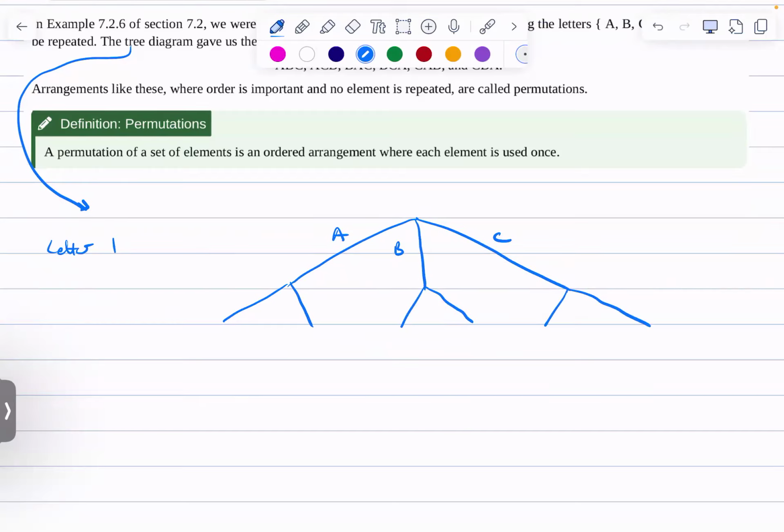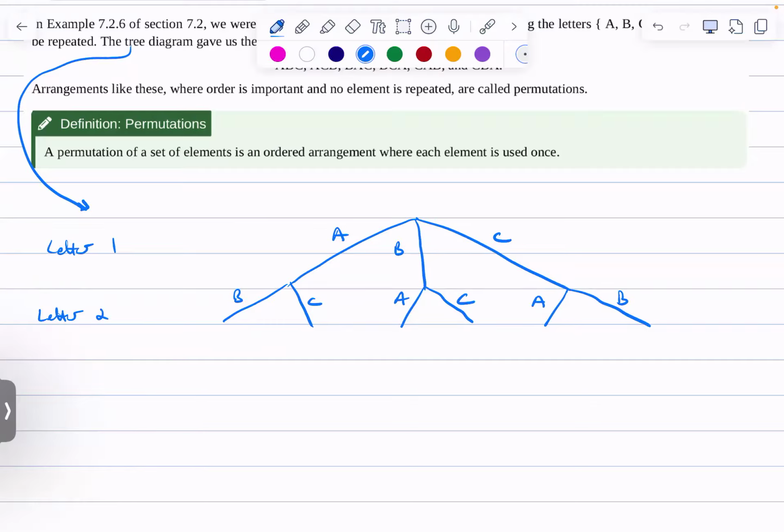And so letter number 2, if the first letter is A, then you have B or C to choose from. If the first letter is B, then you have A or C to choose from. And if the first letter is C, then you have A or B to choose from.